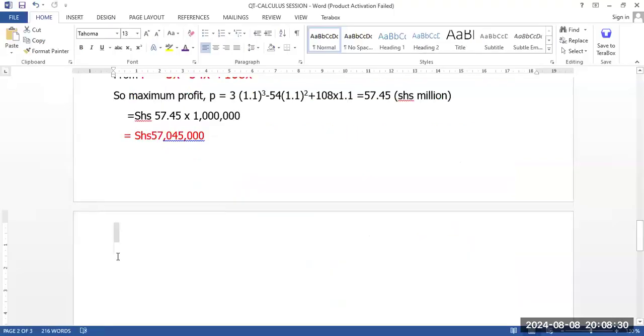So Roman 2, they are telling us that we get our revenue, which will be equal to what? They are giving us the formula as P plus XY. Recall Y was equal to what?